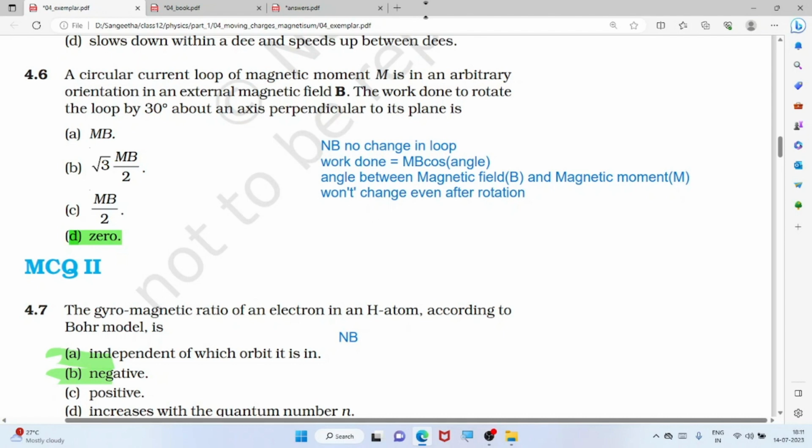This angle won't change after rotation, because when rotating about the axis perpendicular to the plane, the magnetic moment is also perpendicular to the plane, so the angle won't change. So zero work will be done.